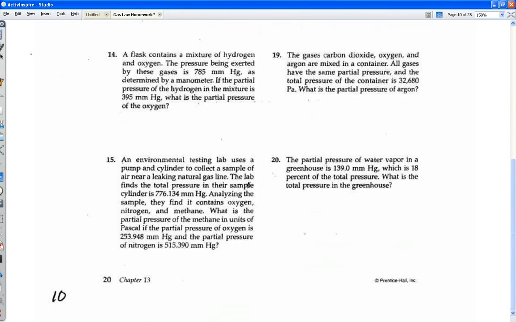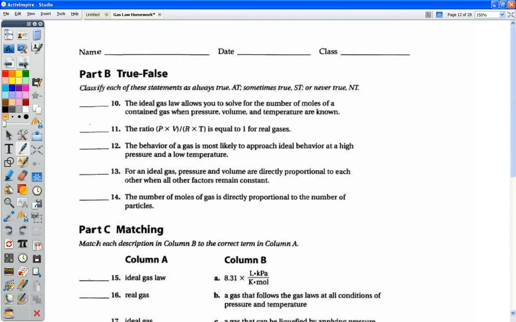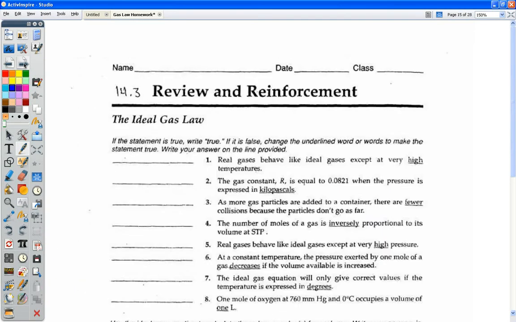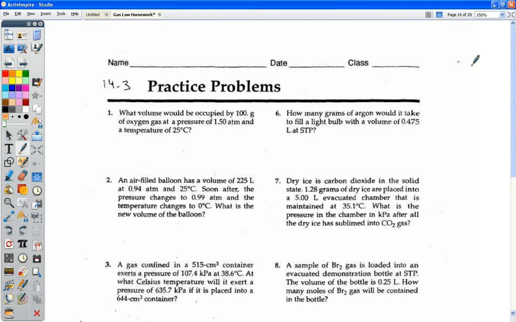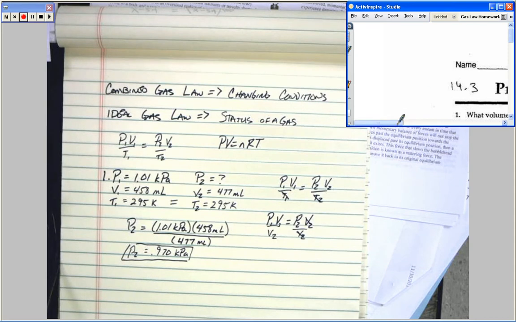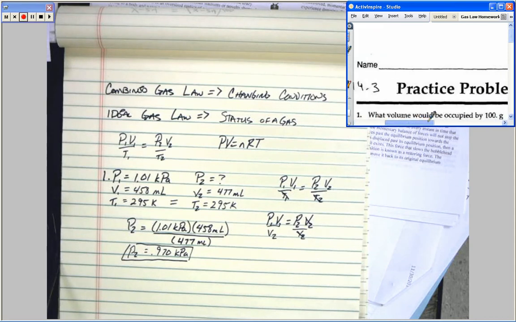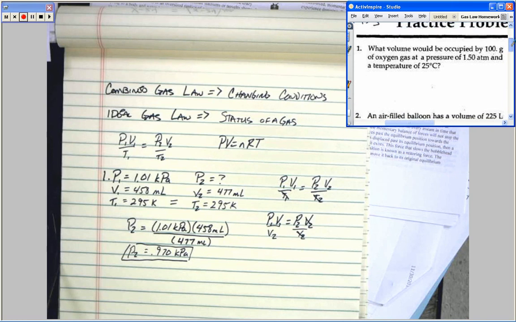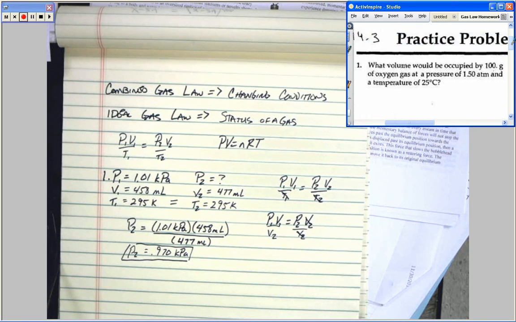Yeah, that's not it. Okay, that's 14.2. Okay, it's going to be 14.3 then. So now flip through the pages, and now we're going to do 14.3. And there's number one.